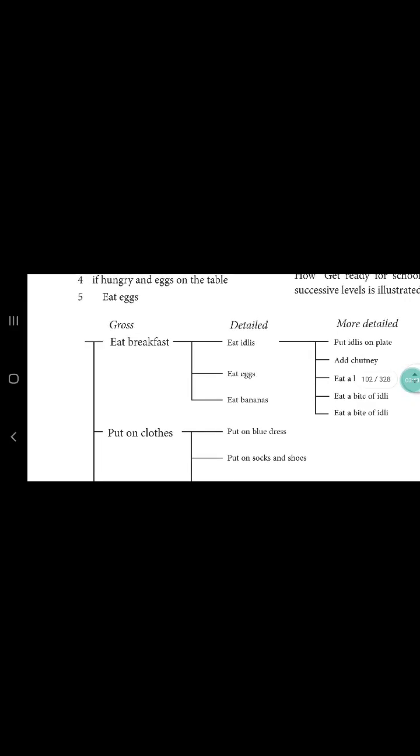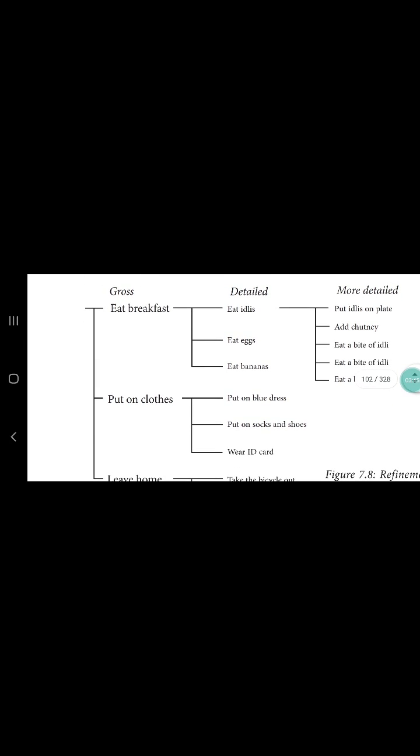Here, the detailed thing and the more detailed thing. Eat breakfast is a sub program. In that again one detailed program is there and a more detailed thing is there. Eat breakfast: eat idlis, eat eggs, eat bananas. For eat idlis, what do we have to do? Put idlis on plate, add chutney, eat a bite of idli, eat a bite of idli, and so on. Until the idlis get over, this will be continued.